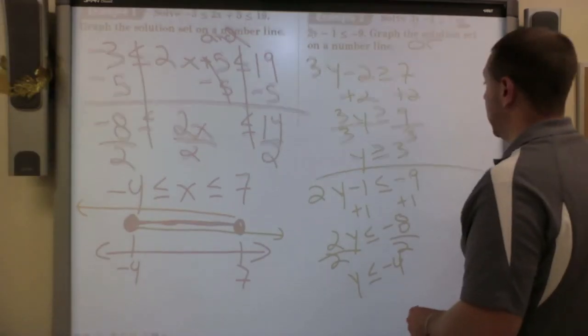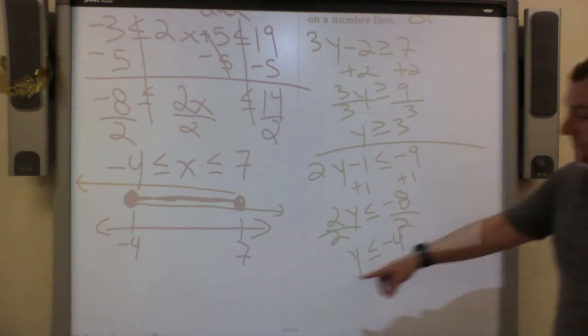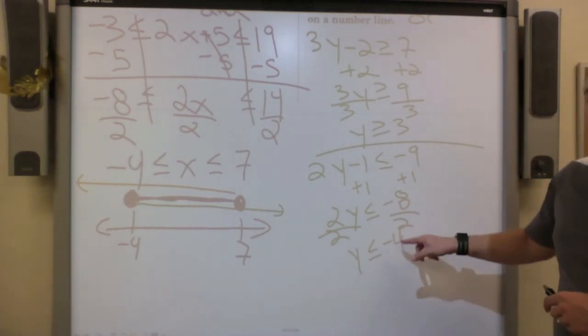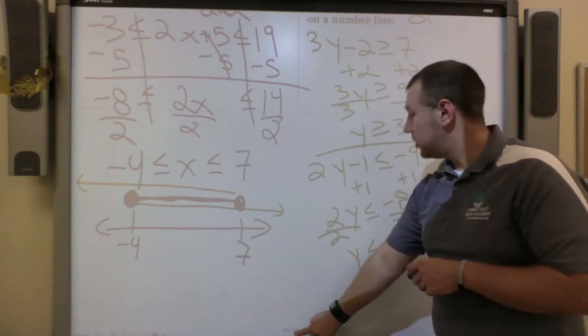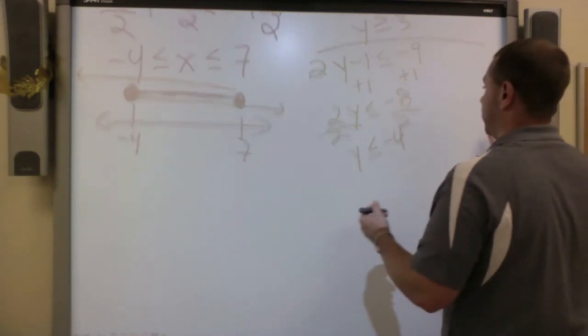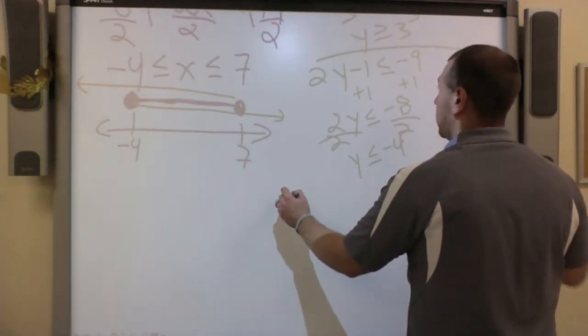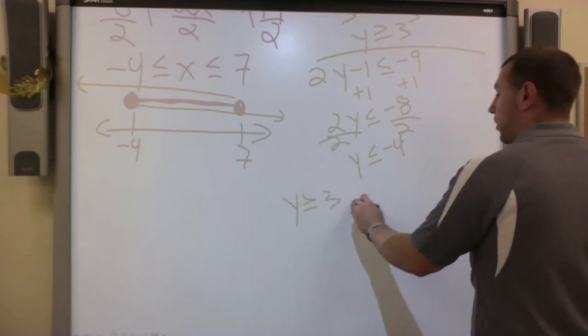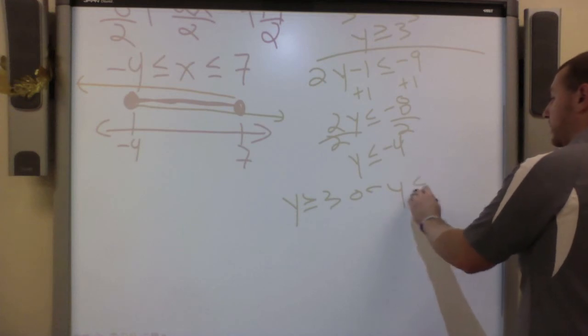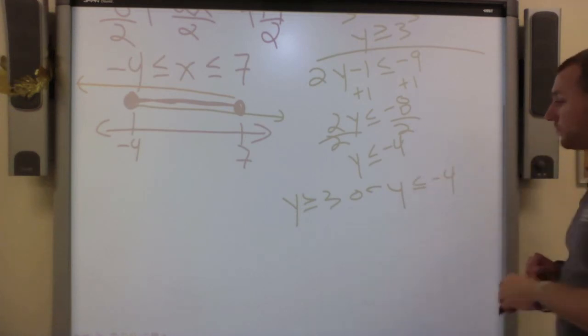You notice that, again, I didn't flip it, even though I have a negative, because I divided by a positive. So I'm left with two inequalities. y is greater than or equal to 3, or y is less than or equal to -4.